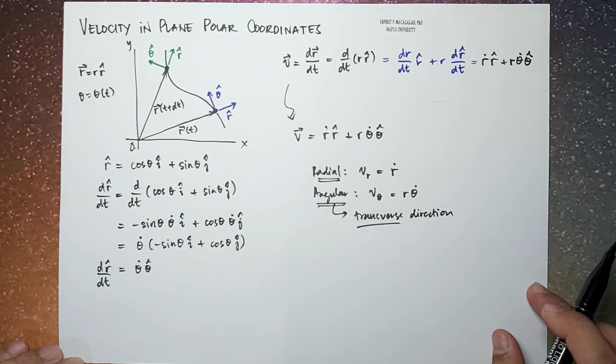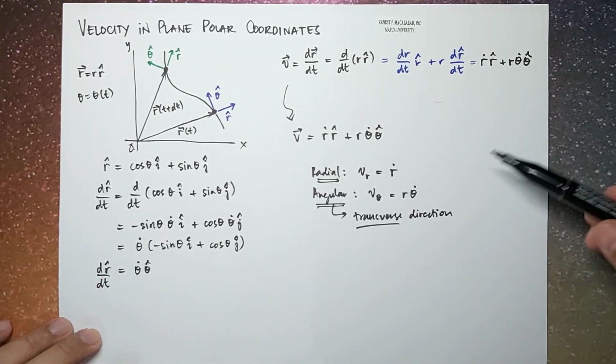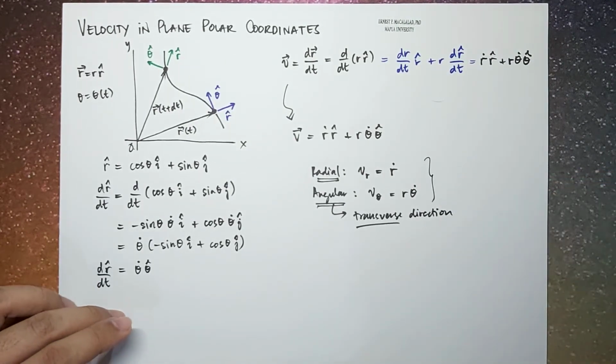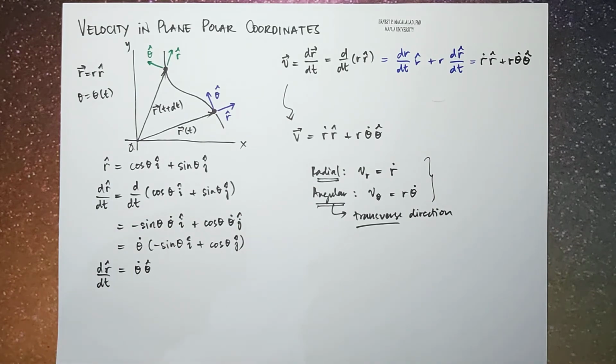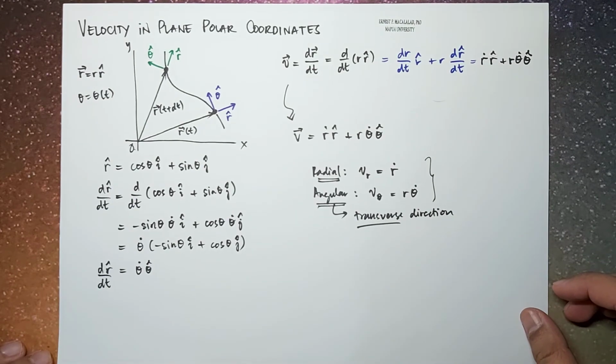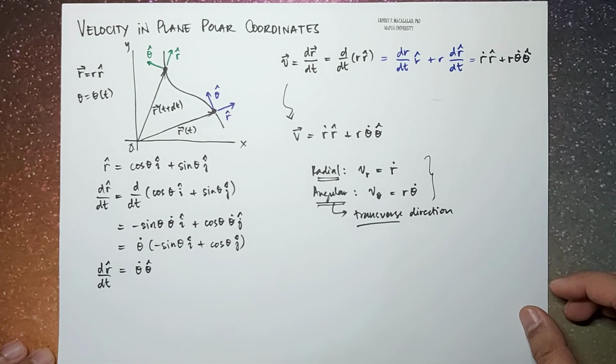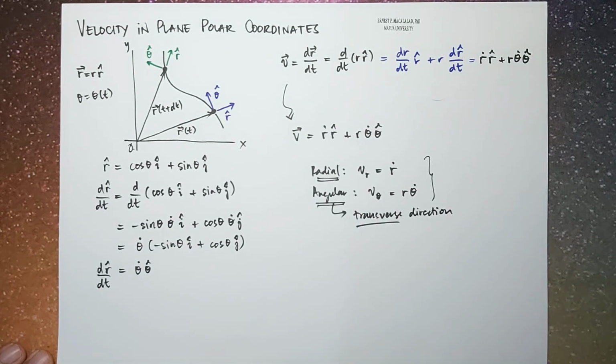That's your velocity in the plane polar coordinate system. We're going to discuss this further by getting the acceleration in plane polar coordinates in the next video. I hope I'll see you guys in the next video. Thank you for watching. See you there.